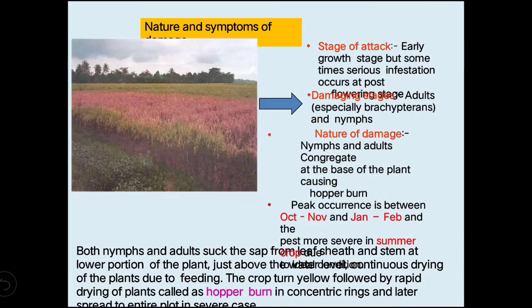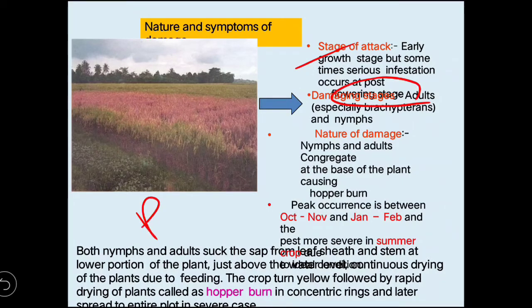Next, we'll see nature and symptom of damage. In the early growth stage of rice they will attack, but serious infestation will be caused at the post flowering stage.